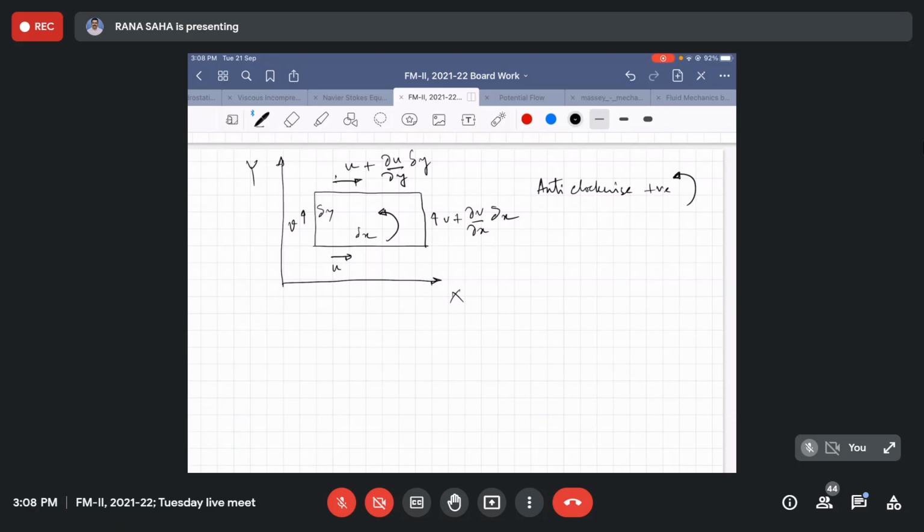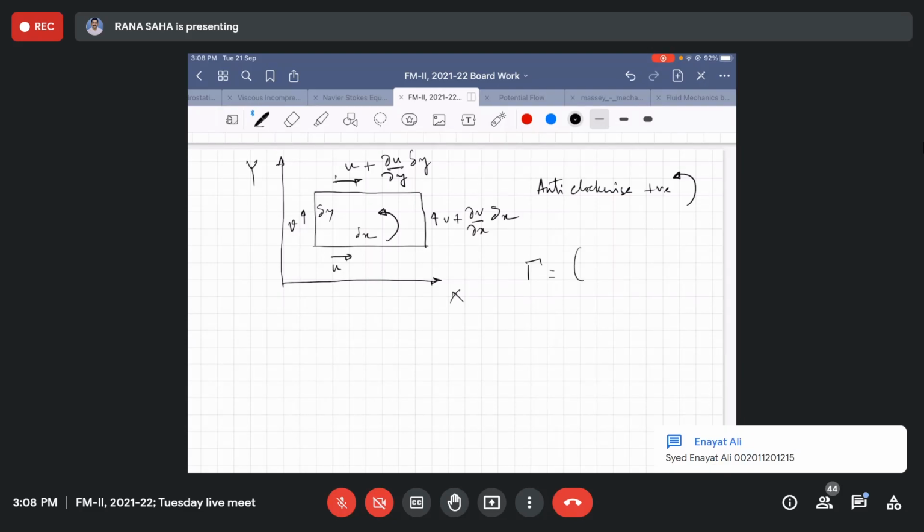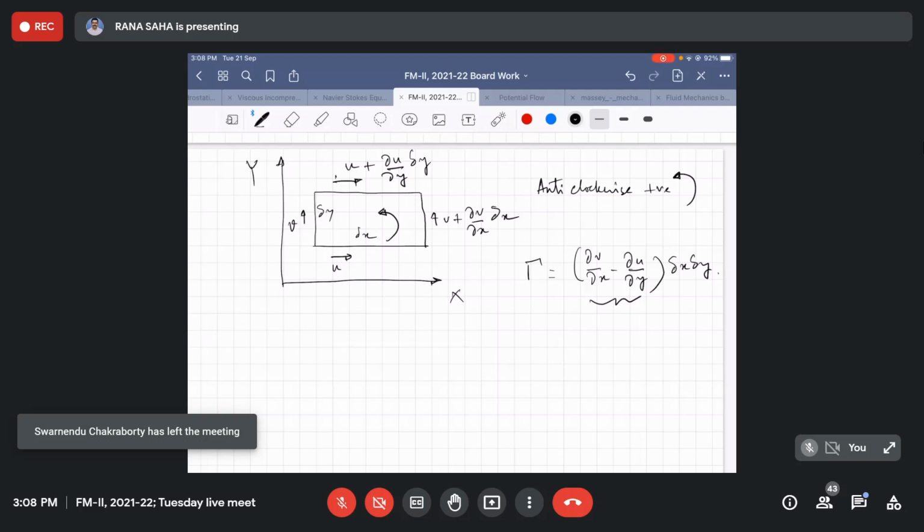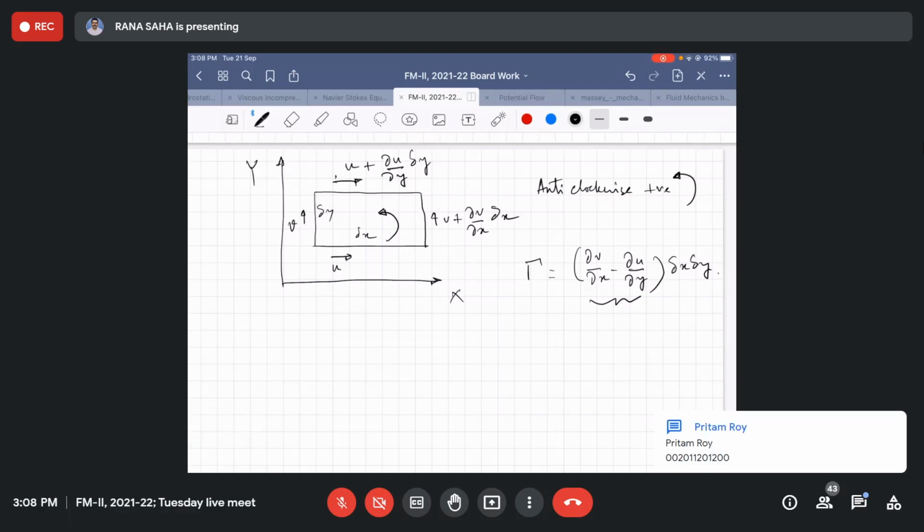So in that way, if you find out this circulation, it will have two terms, as I was saying, del v del x minus del u del y and delta x delta y. This bracketed term, we know for the irrotationality condition, should be equal to 0.